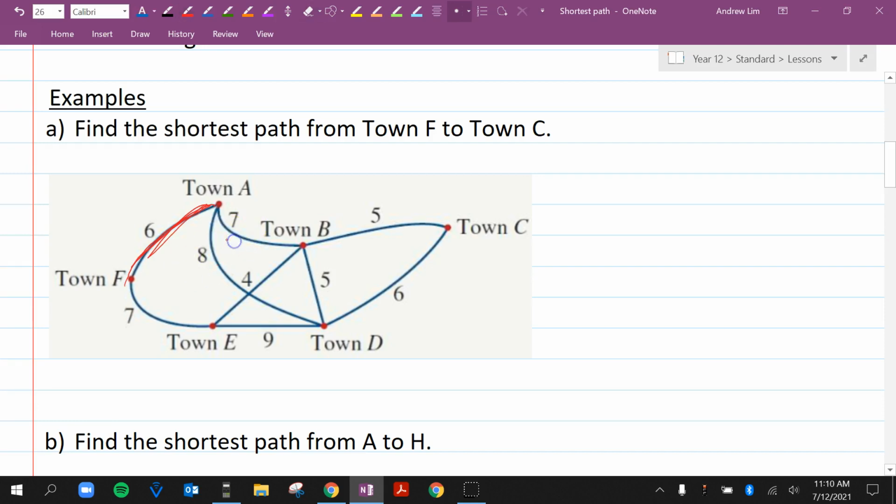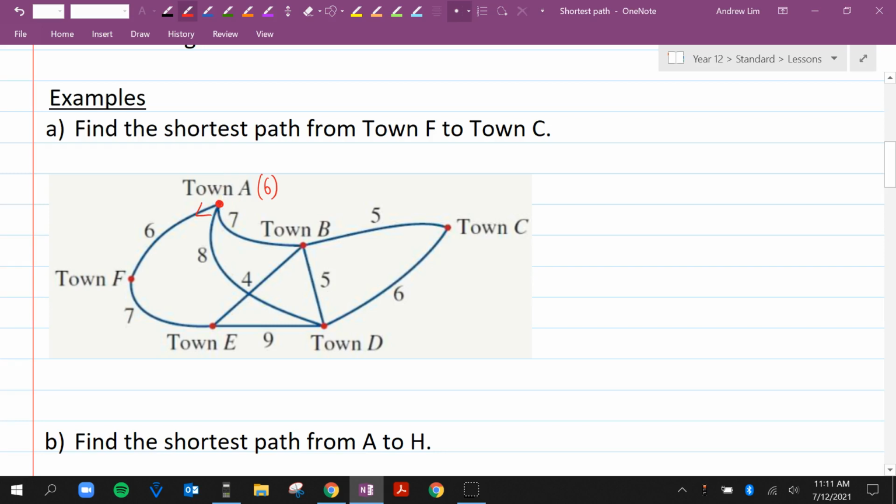From Town F, I have to go this way to get to A, or I have to go this way. But if I were to add all of those numbers, the one with the smallest answer will be 6. So I'm going to write 6 next to Town A, and I'm going to draw an arrow of how I got that 6 from Town F.